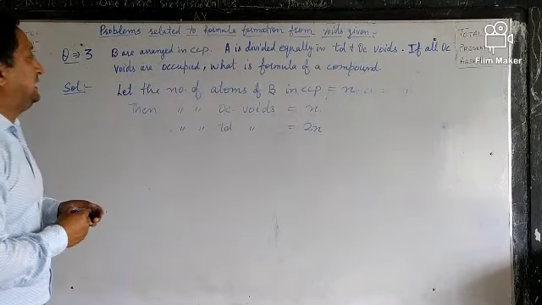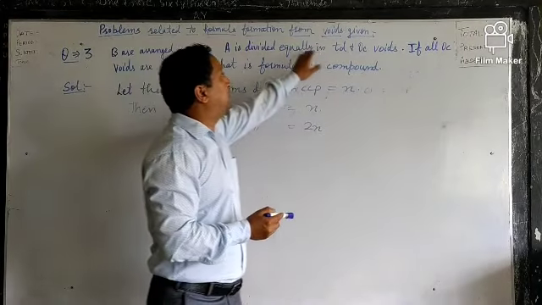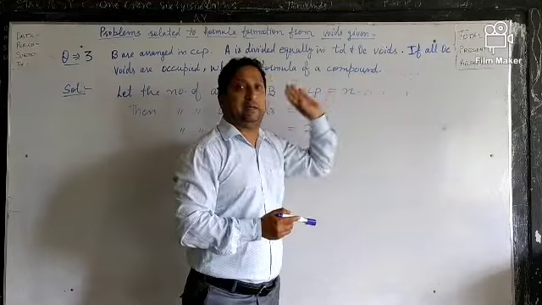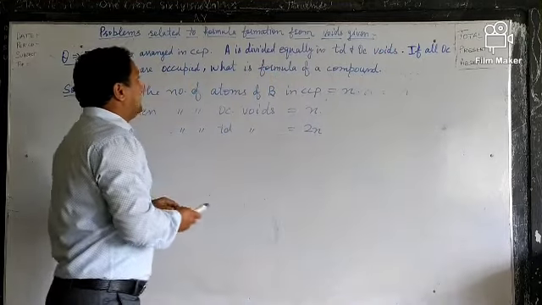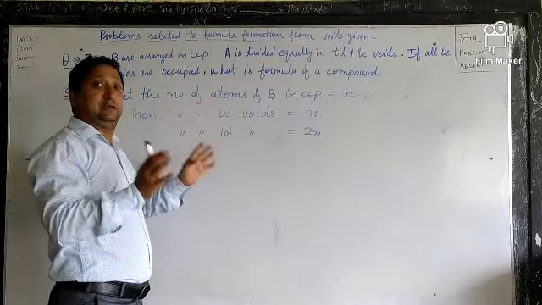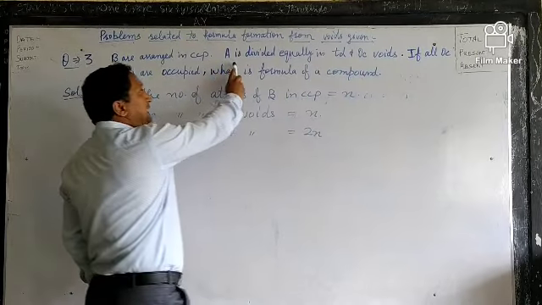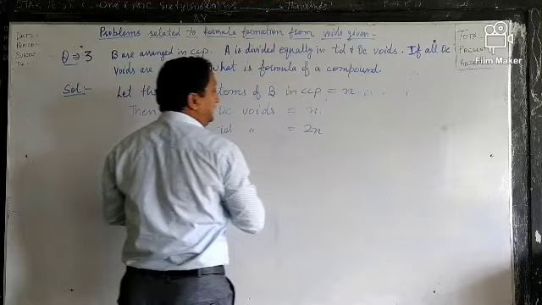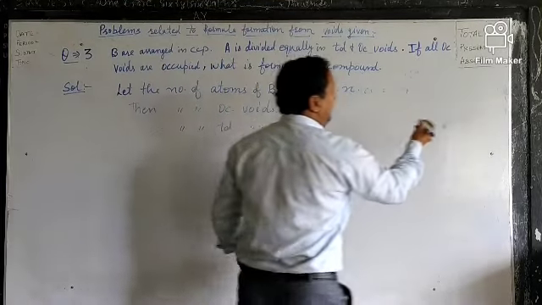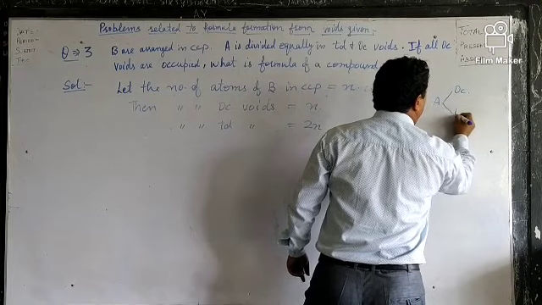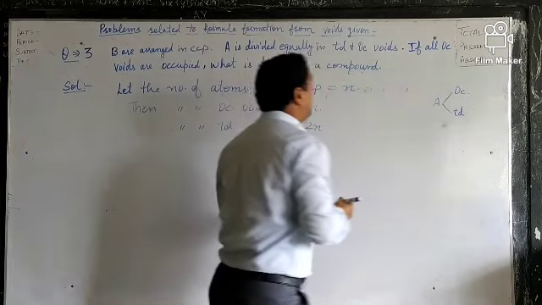Now what they have said is that A is divided equally in tetrahedral and octahedral voids. This is one condition. We have to see the conditions which are given in the question. You have to read the question carefully. A is divided equally in tetrahedral voids and octahedral voids. Let me write here A octahedral void and tetrahedral voids.